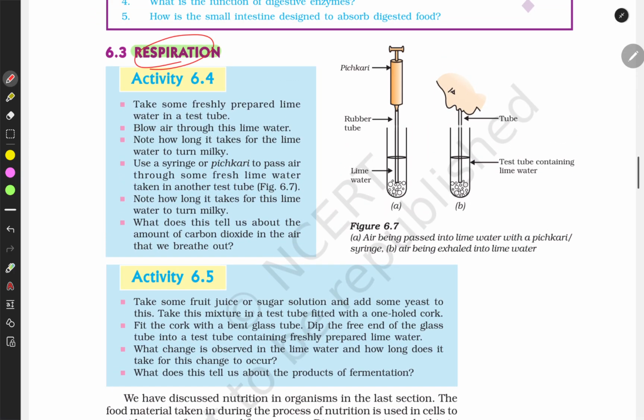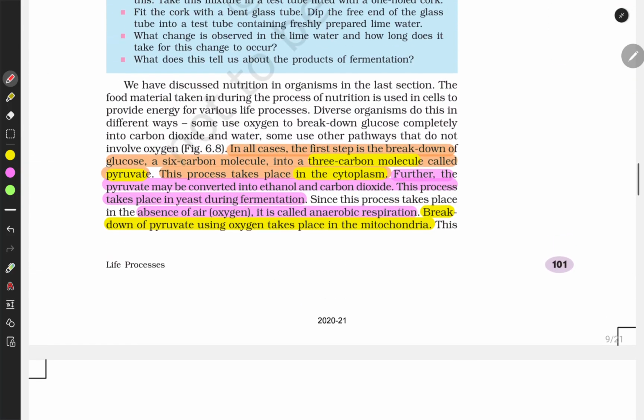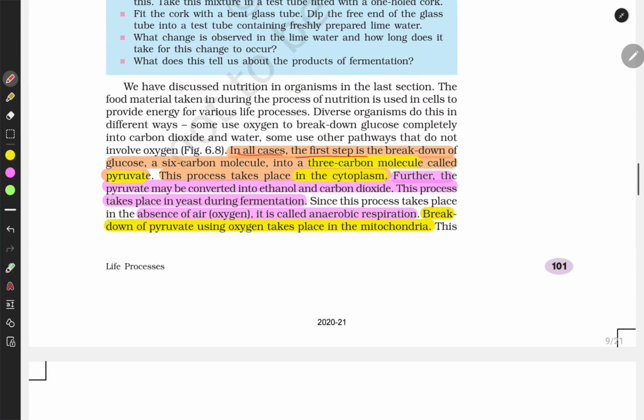Let's talk about respiration. In all cases, the first step is the breakdown of glucose. What is respiration? Respiration is the process of taking energy and creating energy by a cell. How does the cell create energy?